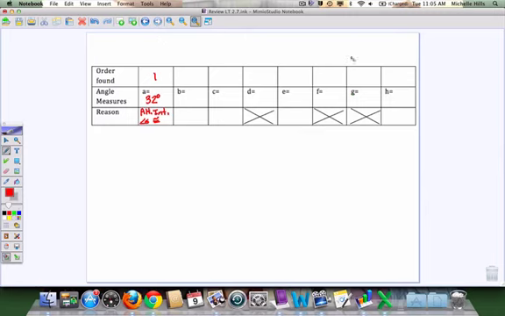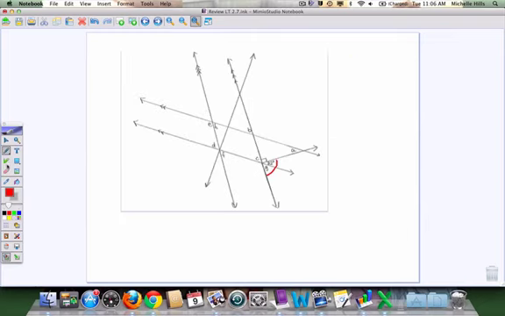So for G, I'm going to take 90 minus 32 to say that that is a 58-degree angle, and I found it second. It doesn't say I have to give a reason for that one, so I'm not going to. I'm going to start in a different color here, and erase as I go. I'm going to say that A is a 32-degree angle and G is a 58-degree angle, just so it's on my picture and I can figure out how that's going to help me.